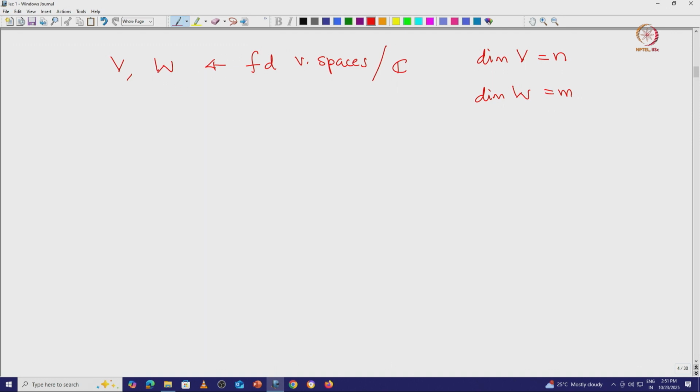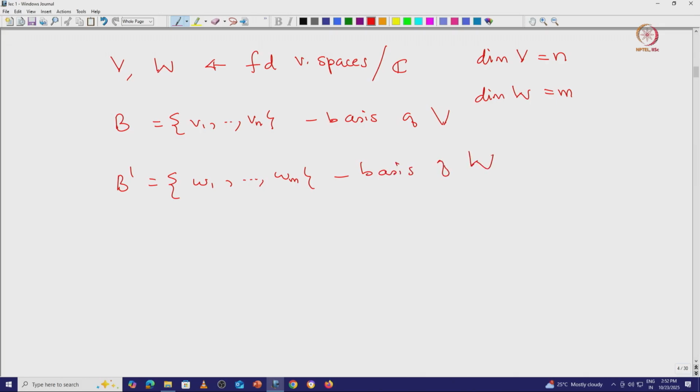Now we can fix bases. B, let us call it v_1 etcetera v_n, is a basis of V, and B dash, let us call it w_1 etcetera w_m, is a basis of W.